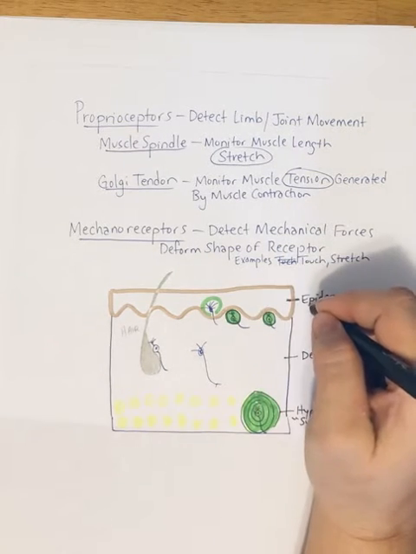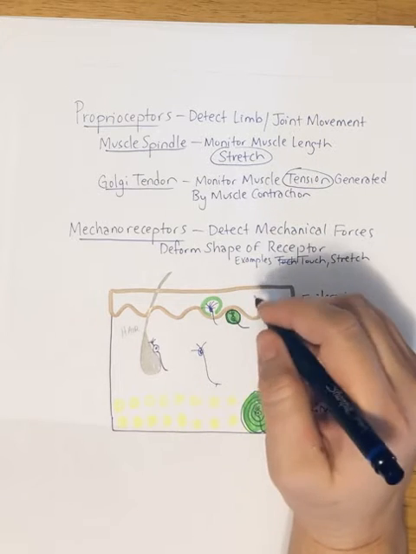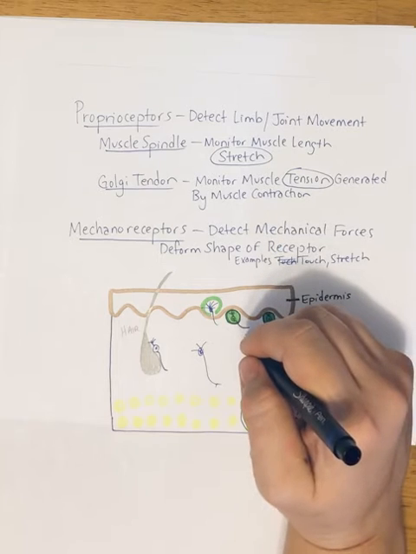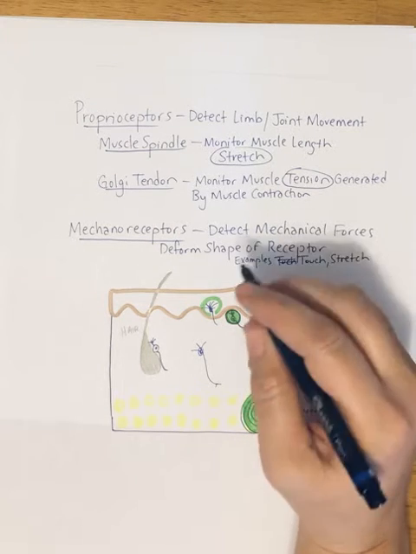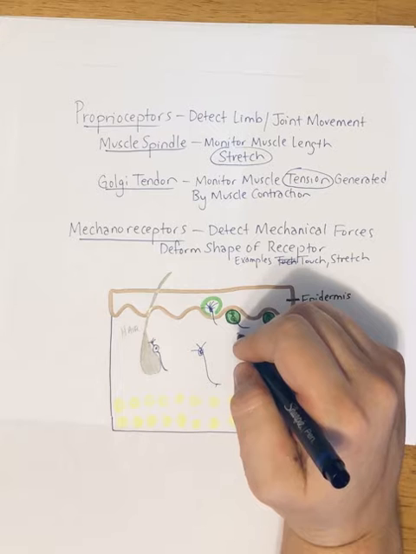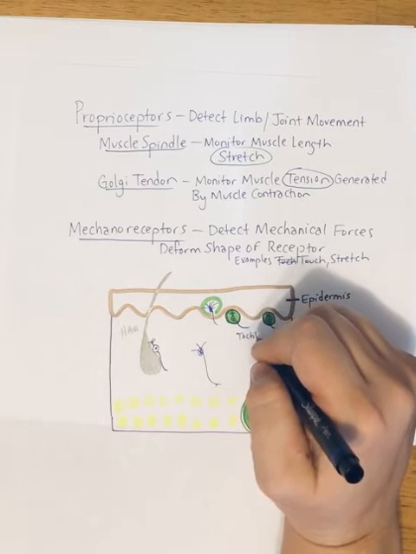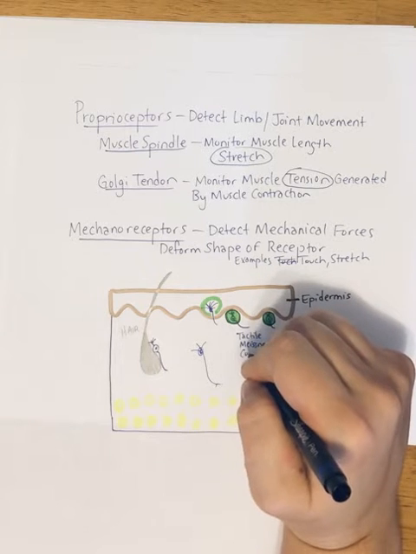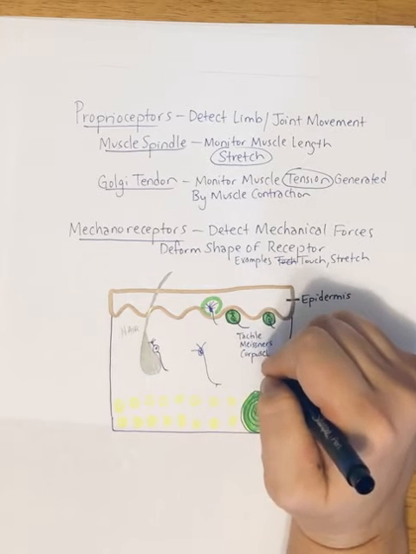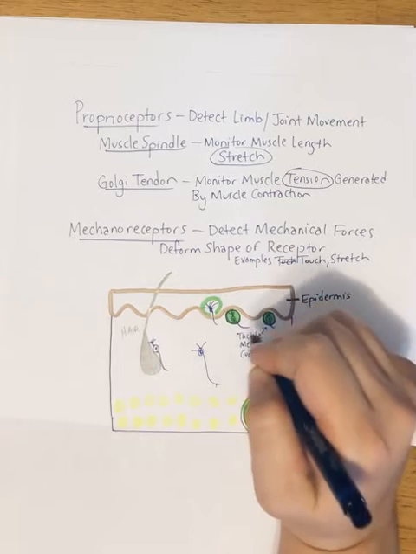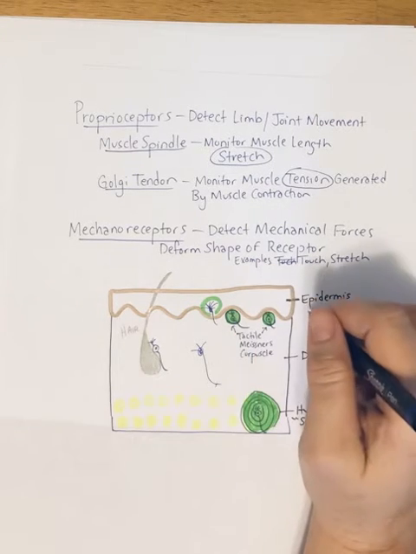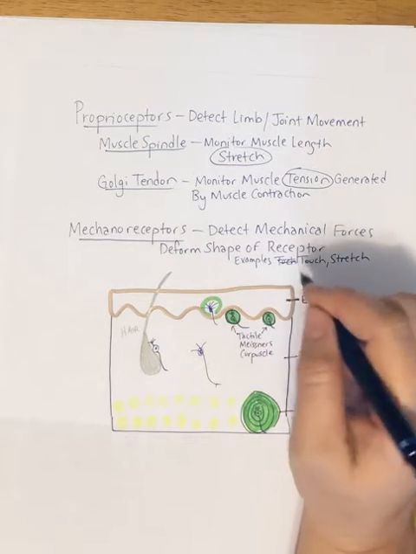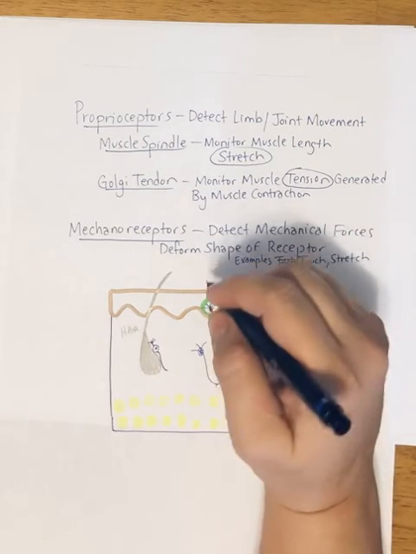Now the ones that are just under the epidermis are called Meissner's tactile corpuscles. Corpuscle means it is encapsulated. So that one is right here just under the epidermis. The one that is in the epidermis is called Merkel cell fibers.